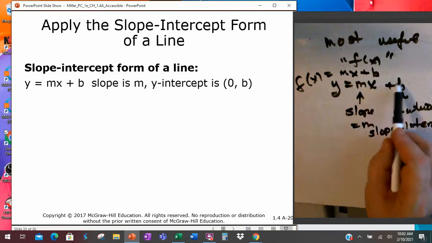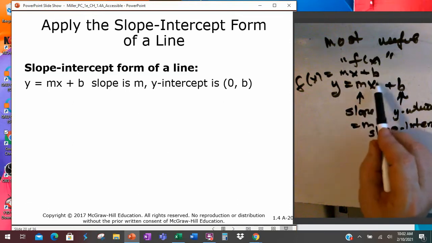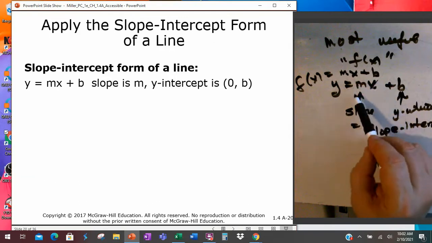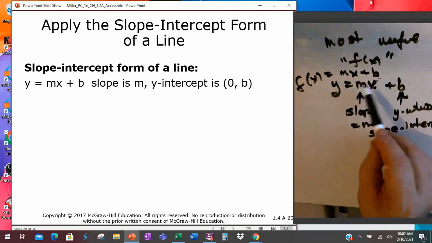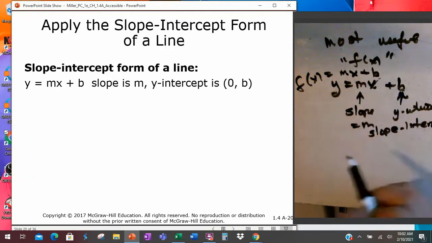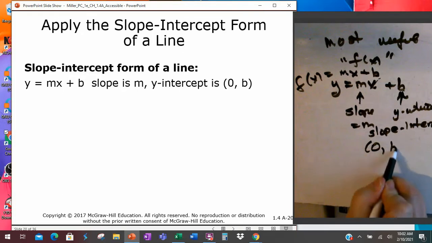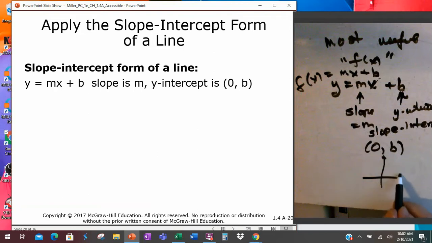So if I set x equal to 0 like we always do to find the y-intercept, this would go out no matter what the m is. This is going to go to 0, and I'm just left with y is equal to b. So 0, b is that intercept when I graph. All along the y-axis, x is equal to 0. So somewhere out here, 0, b is where it crosses the y-axis.